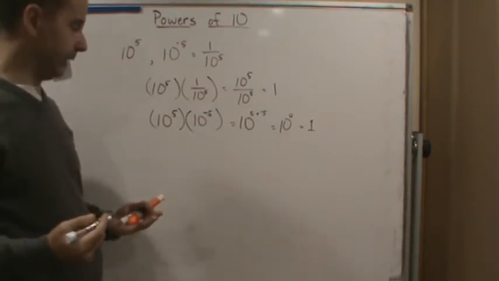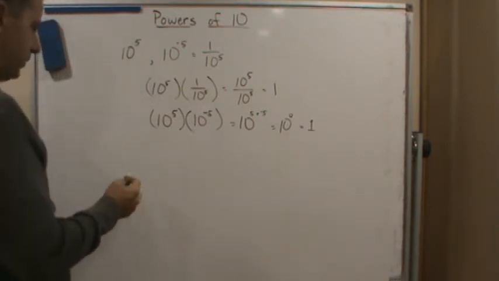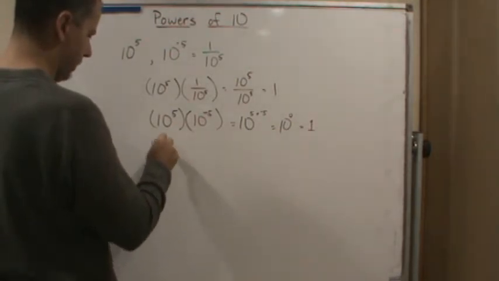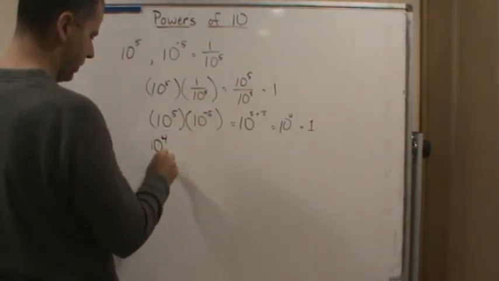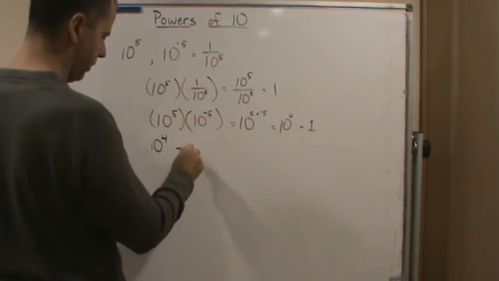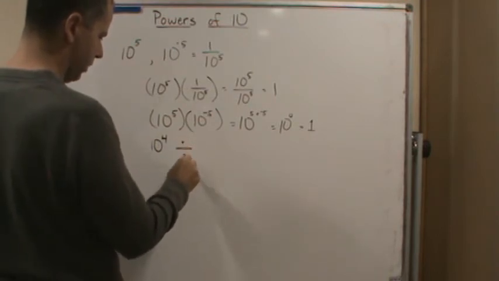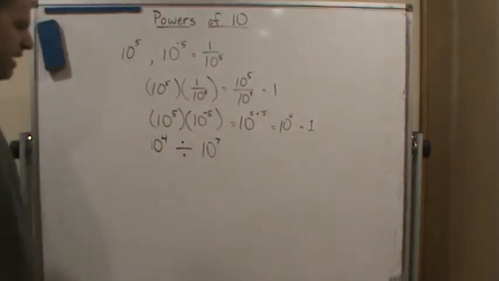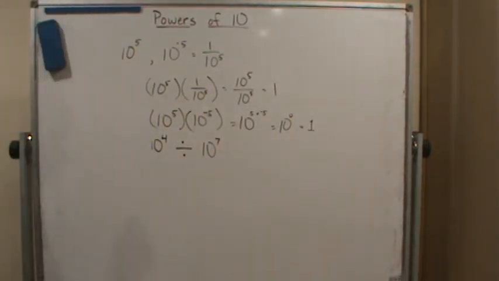Now what if you are dividing? What if you're dividing by powers of 10? So let's say we have 10 to the fourth divided by 10 to the seventh. Well, what do you do then?